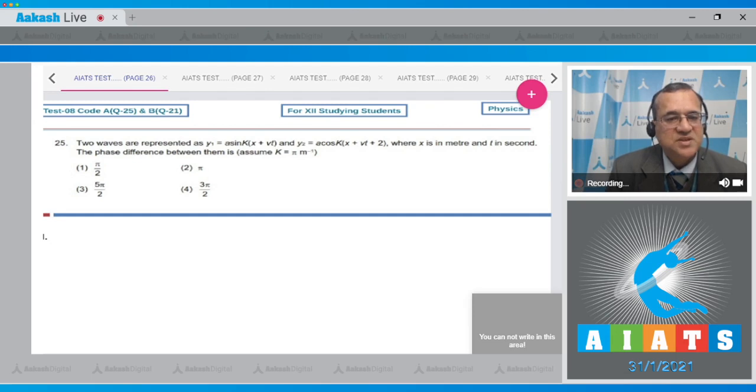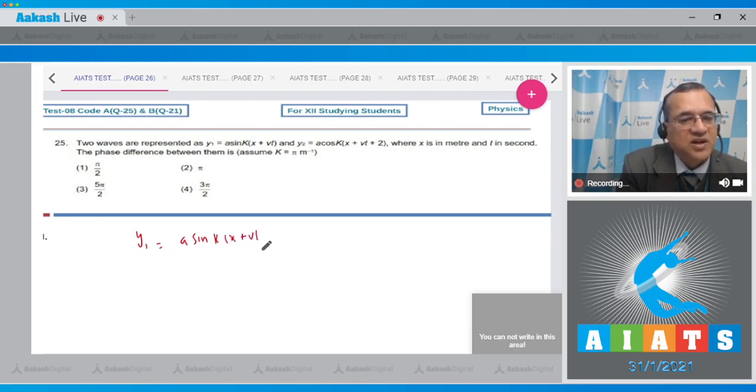The two waves are represented as y1 is equal to a sine of kx plus vt and y2 is equal to a cos of kx plus vt plus 2, where x is in meter and t is in second. Find the phase difference between them. Now dear student, y1 is given as a sine of kx plus vt and y2 is given as a cos of kx plus vt plus 2.